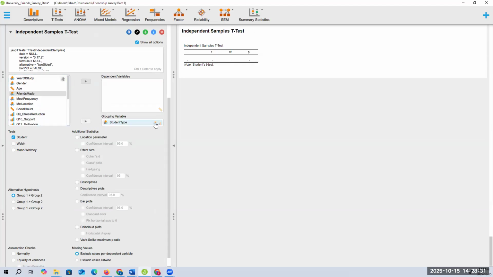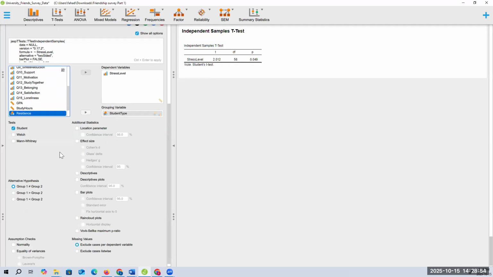Remember, student type was either international or domestic. And for stress level, do international students have a higher stress level? We can put that in here, and it seems they do have higher stress level.